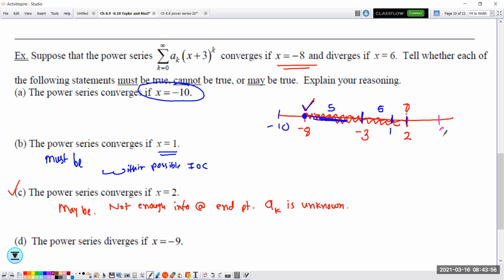I'm looking at that 6 is diverging, right? So that's not true, and that means these are also never true. If you go the same distance on the other side, you will end up at -12. You don't know all this, but these are the question mark. So that's why it's maybe.